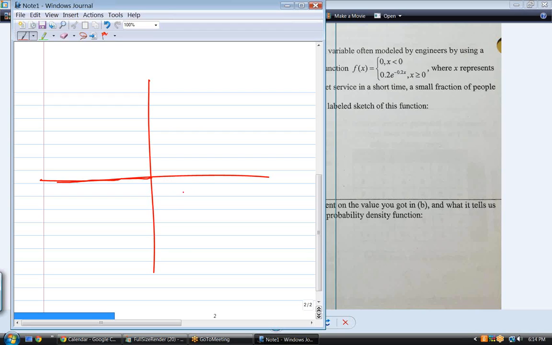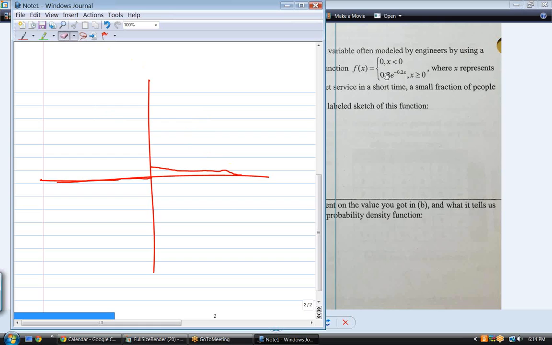Which means that instead of being e to the x like this, it's going to be like this. Which means that by the time it gets to there, it's going to be doing that. You with me so far?